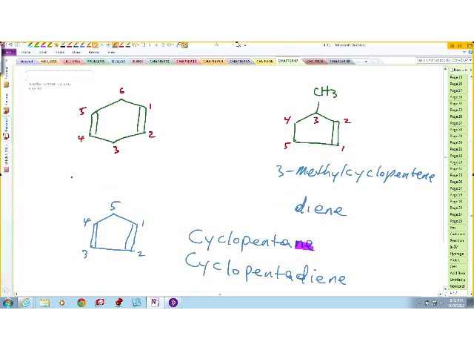And so this becomes 1,4-cyclohexadiene. Okay.